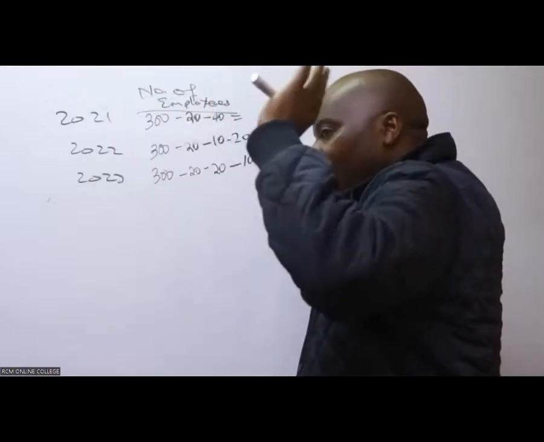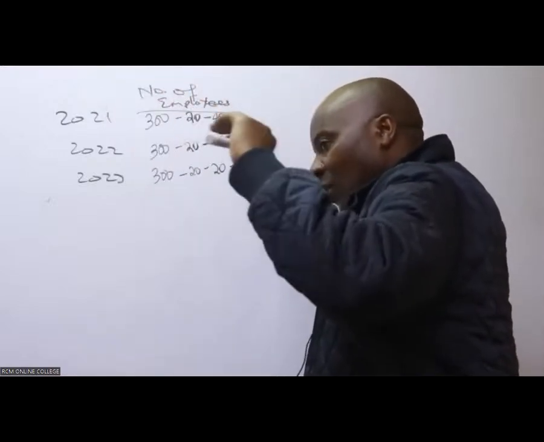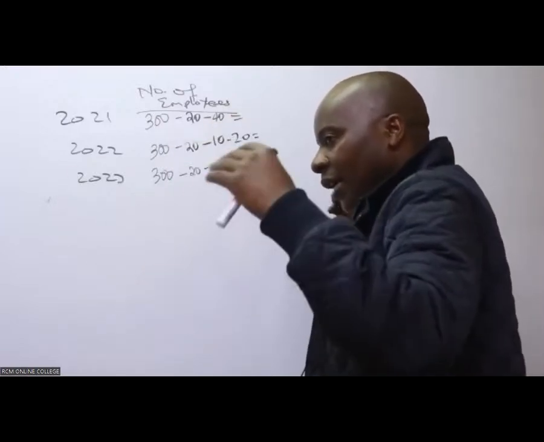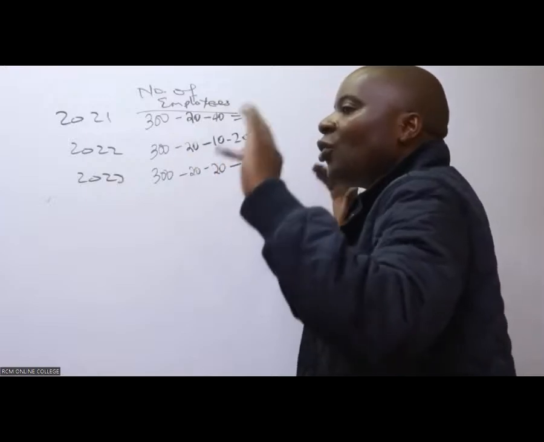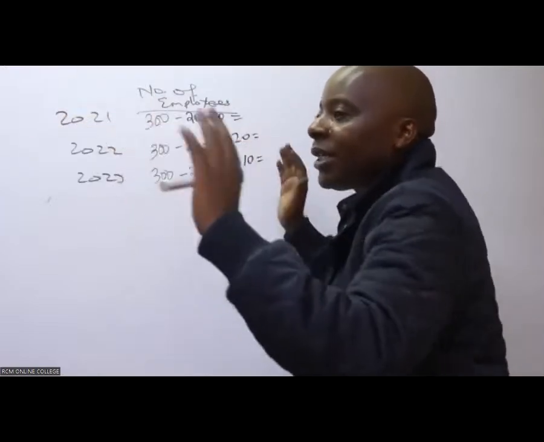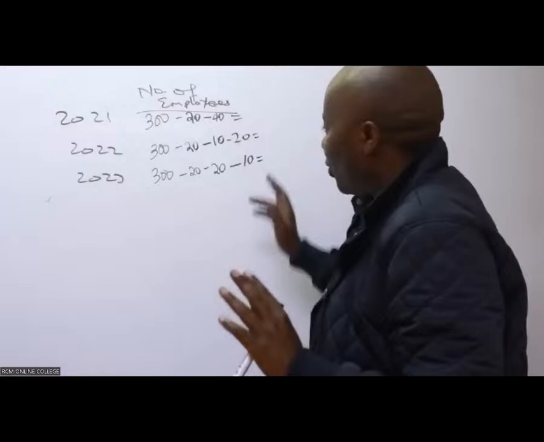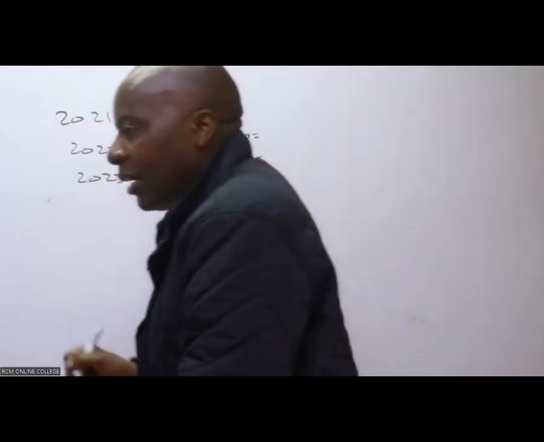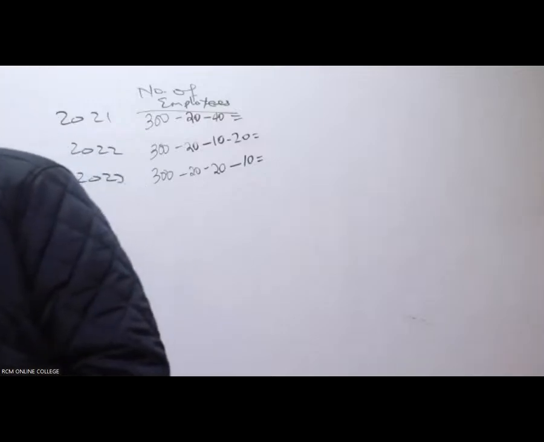So that I can know exactly, at the end of 2021, because I'm trying to provide for an obligation in my balance sheet, how many guys I project to stay behind. So then this is okay. Which gives me what answer here? The first one I'm being told is 240.